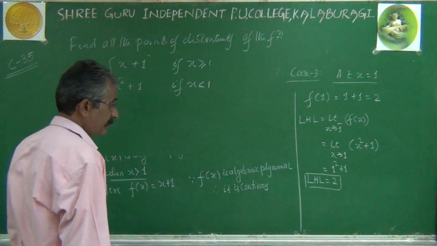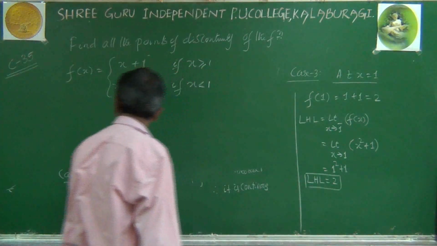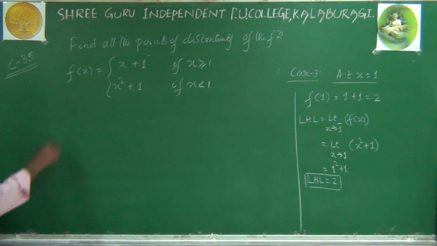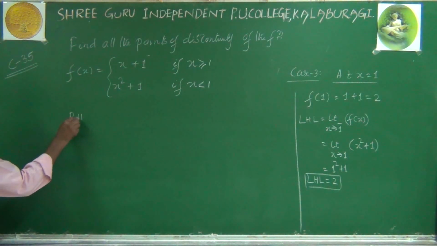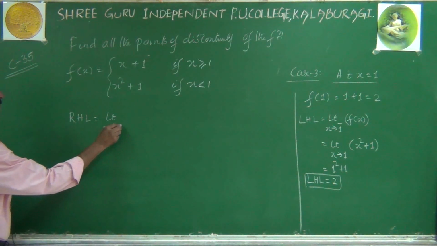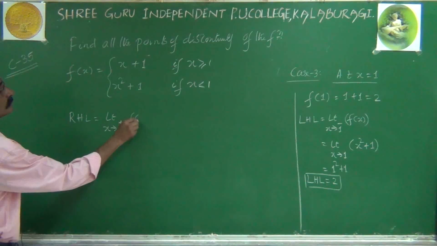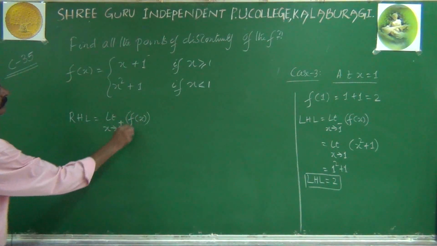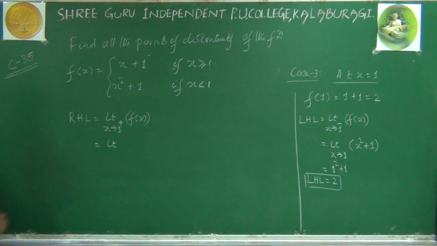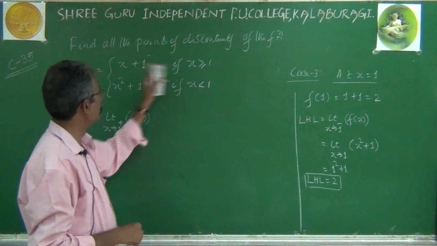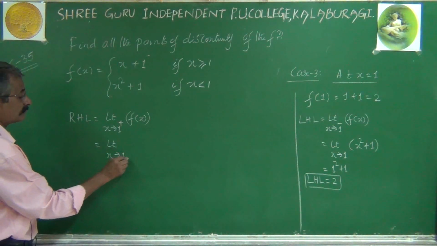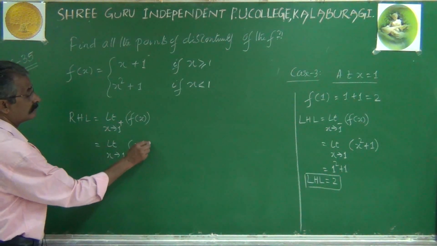We also estimate the right hand limit. The right hand limit, RHL, is defined by the limit as x extends to 1 plus of f(x). 1 plus means more than 1. When x is more than 1, the function is x plus 1. So it is the limit as x extends to 1 of x plus 1.